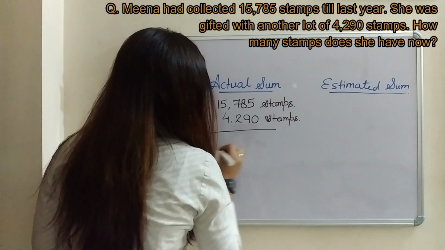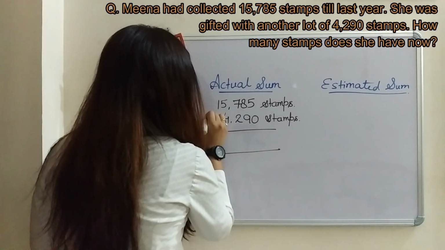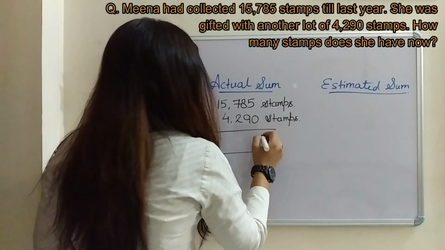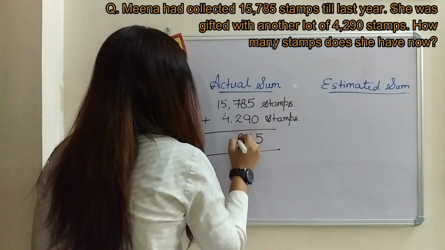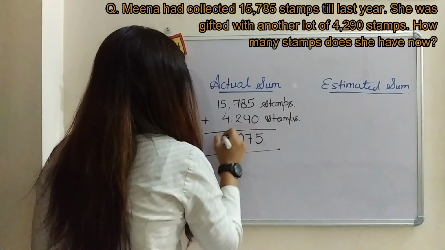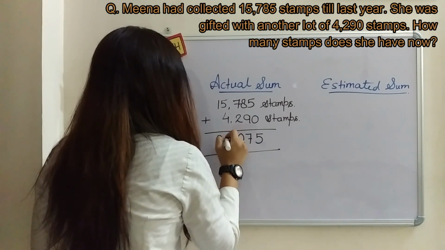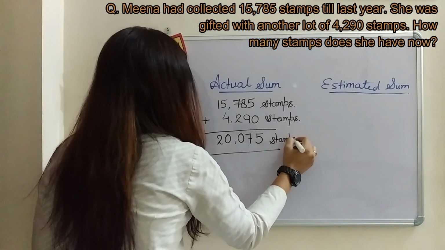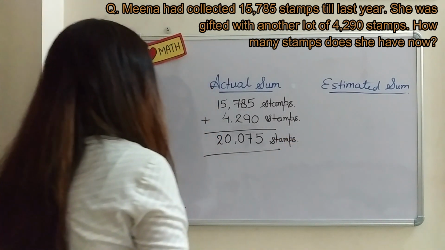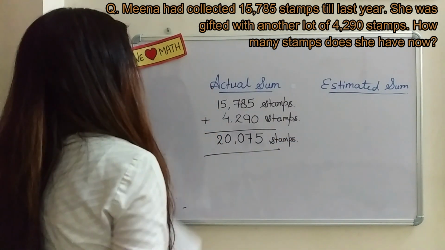So the total stamps are 20,075 stamps. And for estimation, we need to estimate.